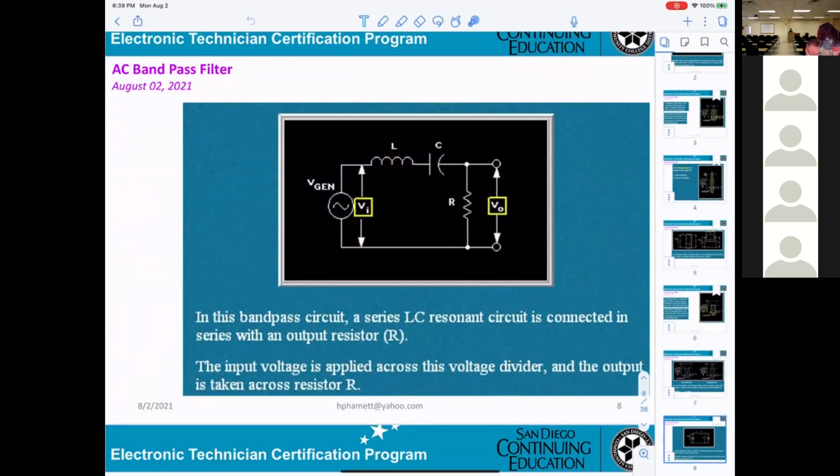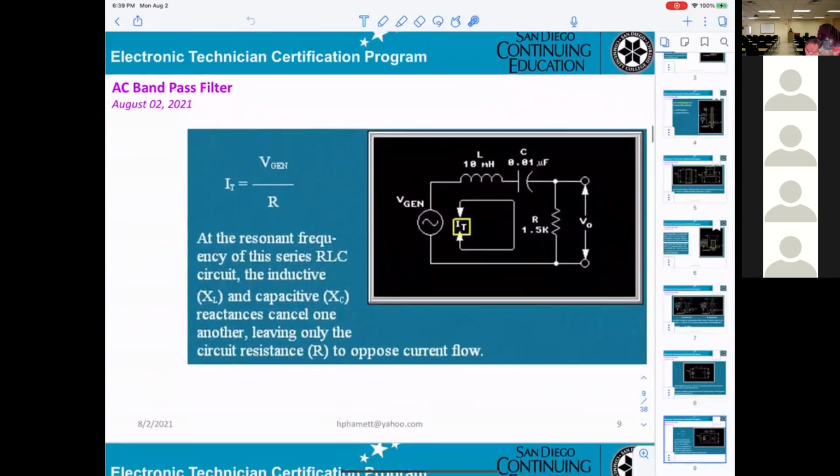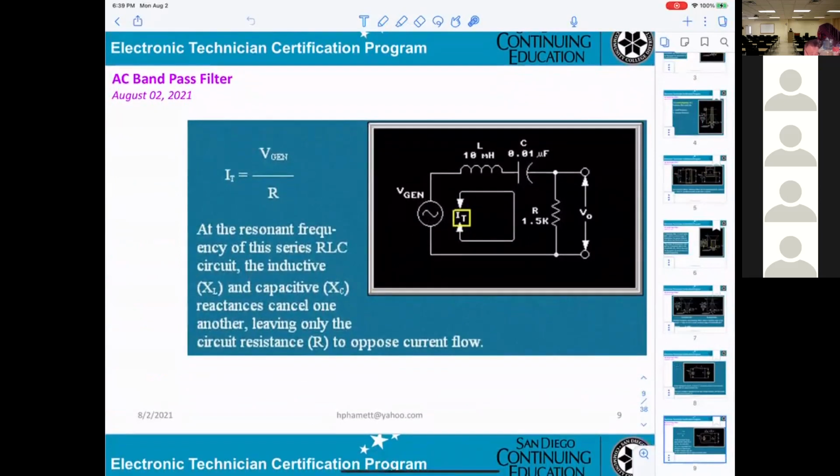Output is taken from resistor R. I total equals V generator divided by R. The thing is, at resonance, XC and XL are equal, so they cancel out. You get left over the circuit with only R.